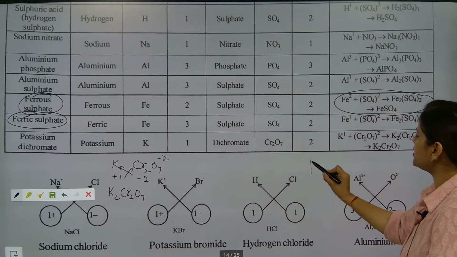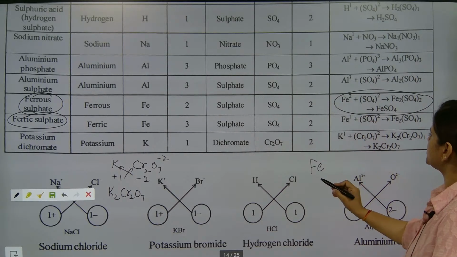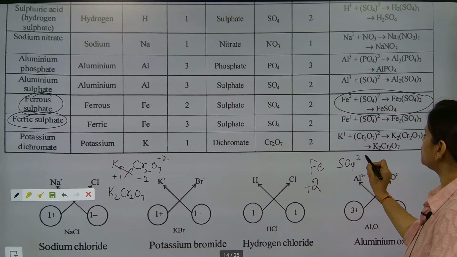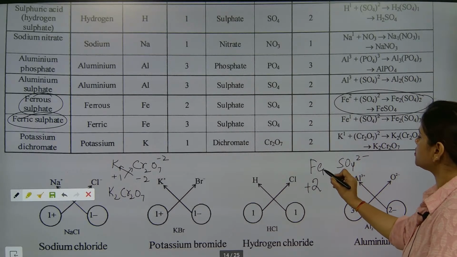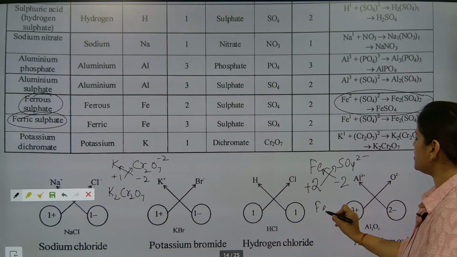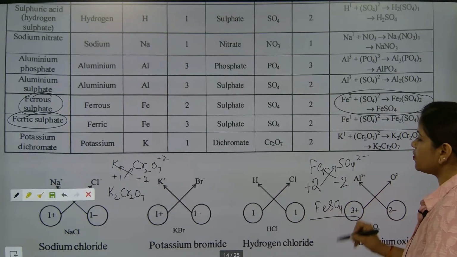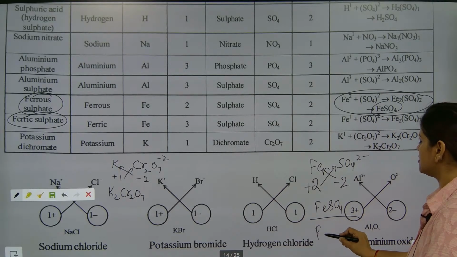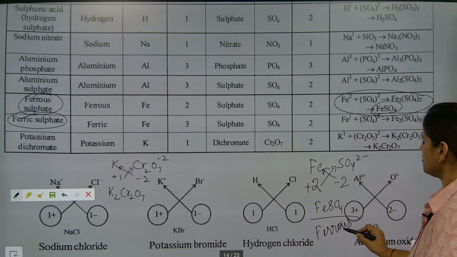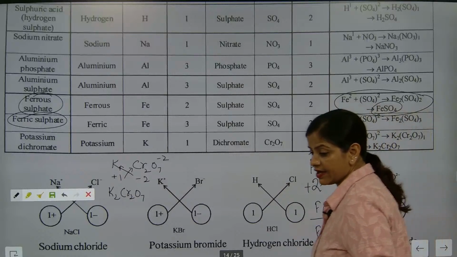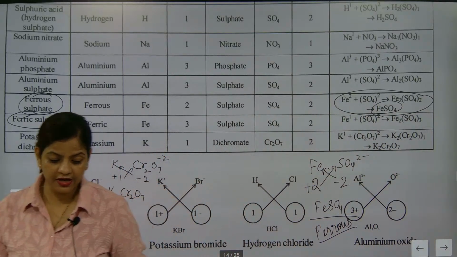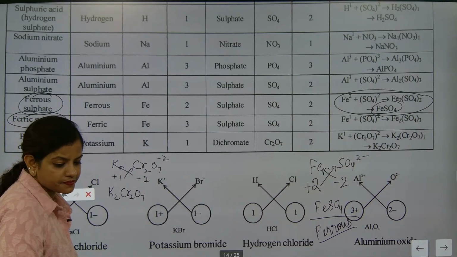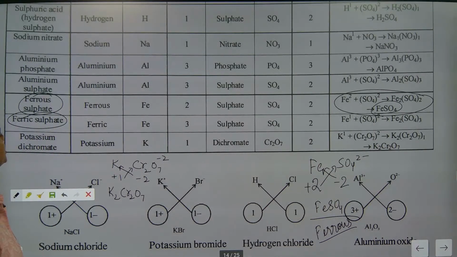The ferrous part is Fe with 2 plus, and sulfate is SO4 2 minus. Crisscross. So here it will become FeSO4. This is ferrous. Just change this one, beta. There I wrote plus 3; you write there ferric means 3. Ferrous means 2, ferric means 3.